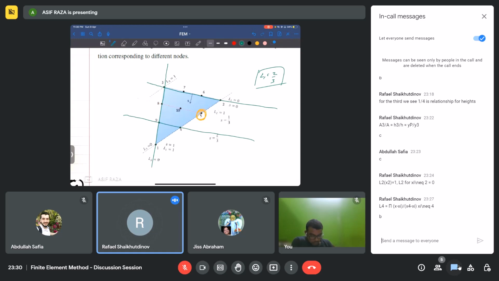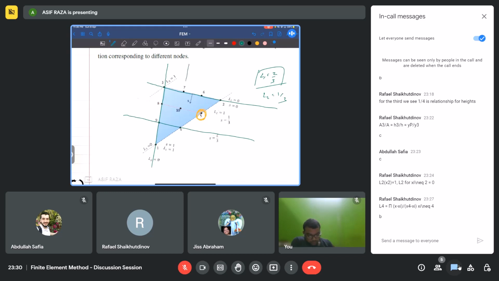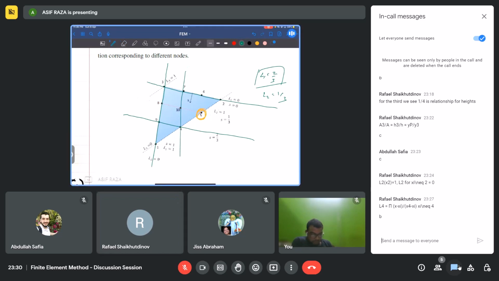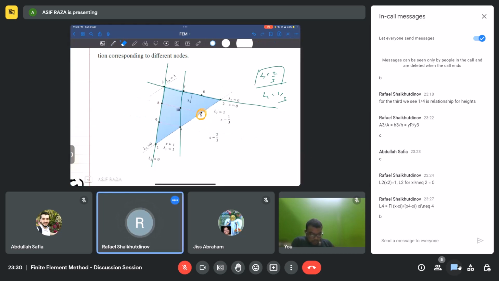And for this solution, we also need to have L2 equal to 1/3. That will be equal to this. The 4 should be there, I believe. I also believe only these two would have been sufficient.